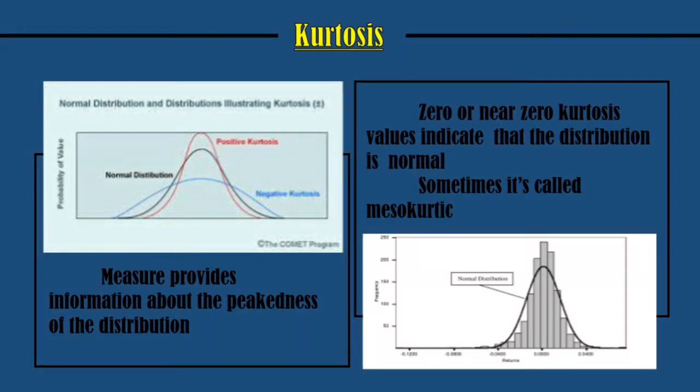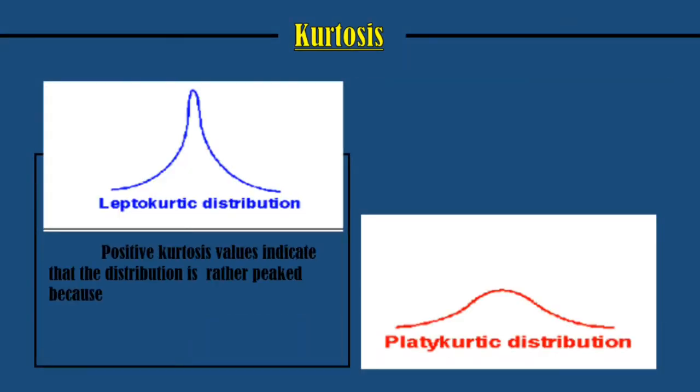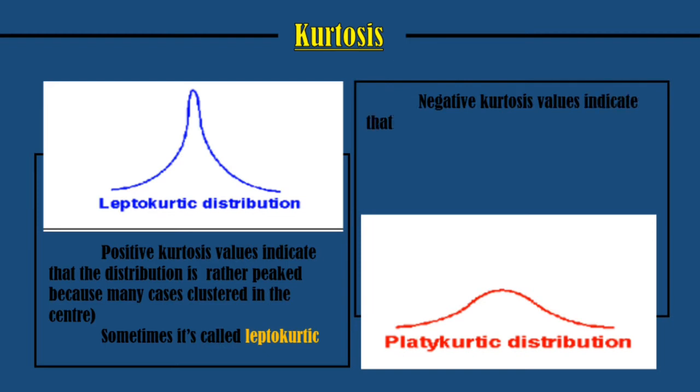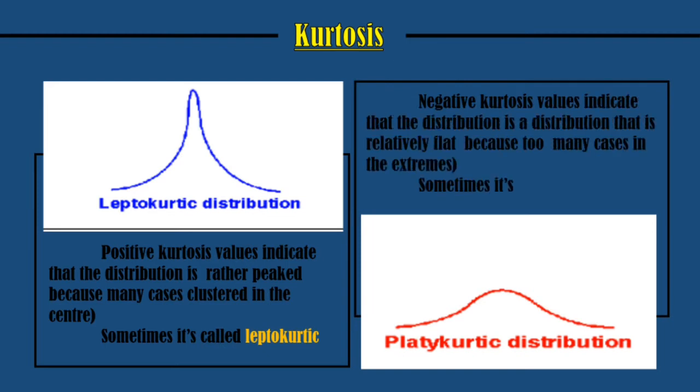On the other hand, positive kurtosis values indicate that the distribution is rather peaked because many cases clustered in the center. This is sometimes called leptokurtic. So, leptokurtic is a statistical distribution with kurtosis larger than that of a normal distribution, as you can see in the illustration on the slide.